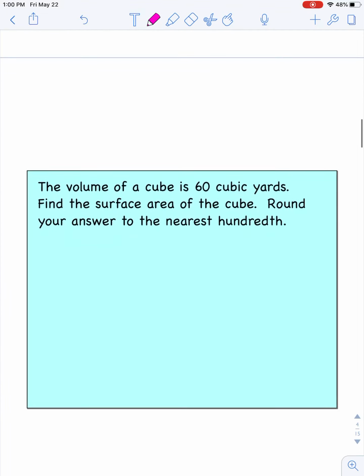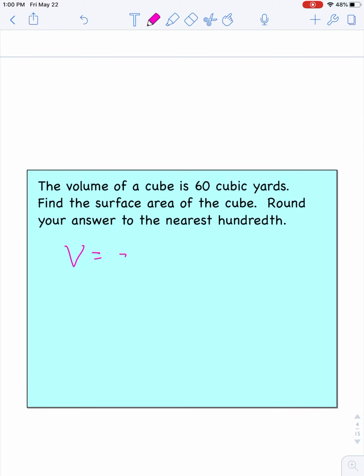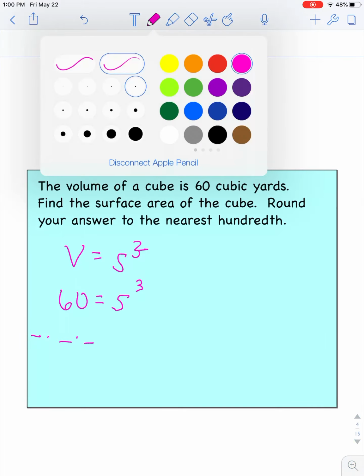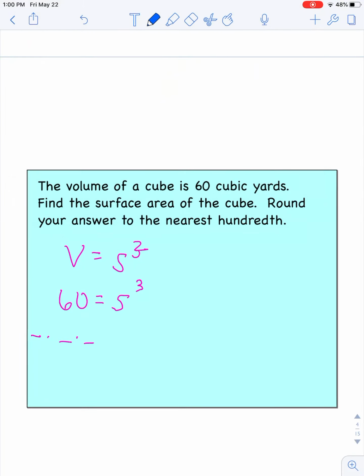Here's an example where I told you where we would work backwards. So if we know the volume of a cube is 60, we'll put the 60 in and solve. And so we're looking for what number times itself 3 times would give us 60. Well, to find that, what we're going to do is take the cube root of each side.